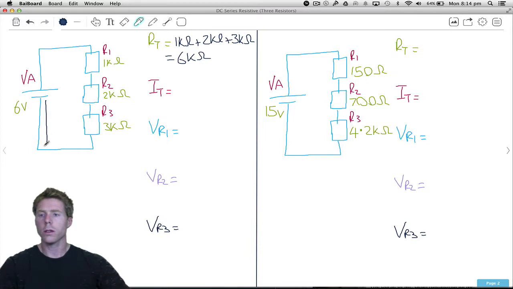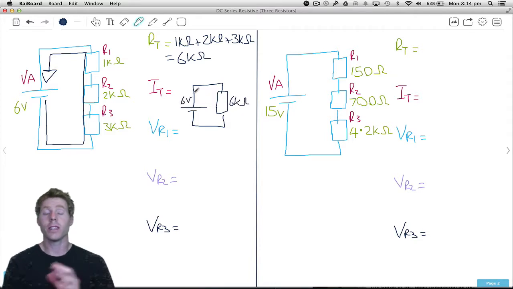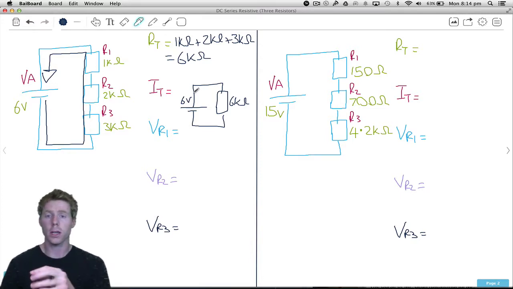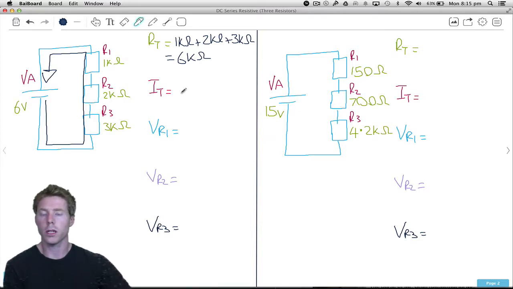In fact, just before we calculate the total current, if we were to replace all 3 of those resistors with one single resistor that was 6K, that would give us exactly the same amount of current as those 3 resistors who add up to 6K. So again, we can always bring back our resistive circuit to something that looks just like that. However, we do have 3 resistors, so let's keep going with this particular one.